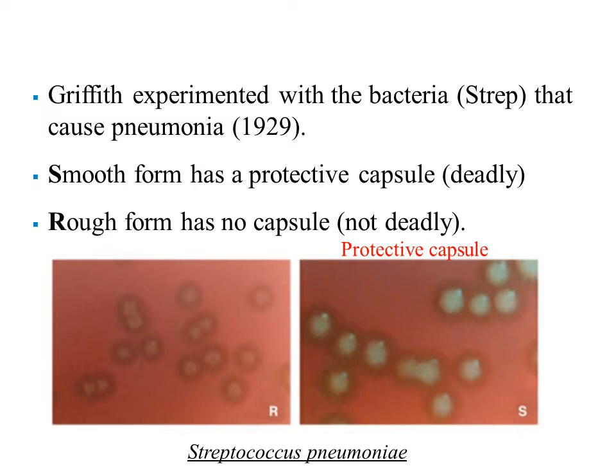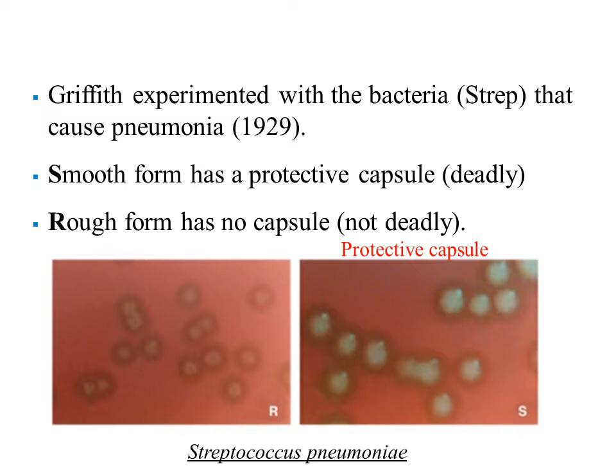The deadly strand had a protective capsule, so they called it the S strand, or the smooth strand. And then the one that was not deadly, they called it the R strand, or rough. So what happens is, if Streptococcus pneumoniae does not have a capsule, it cannot be protected.